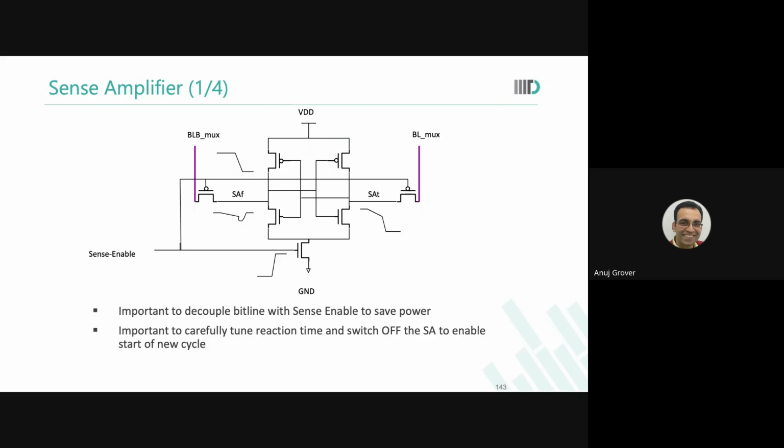Are you able to see this? So my access time could be faster because my VDIF is lower. So I could have a reaction time somewhere here. And with a mix of how soon I was able to turn on my sense amplifier plus the reaction time, I may be gaining time.